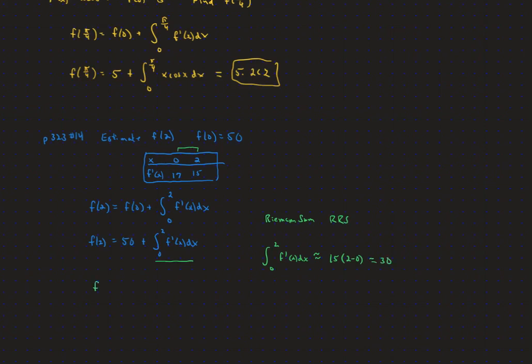And so we can say that an approximation to f of 2 would be the f of 0 plus our estimate of that integral from 0 to 2 of f prime of x. And so it should be an 80. Okay, very good.